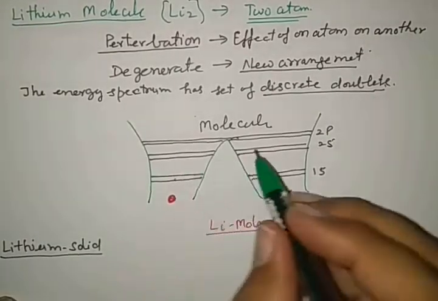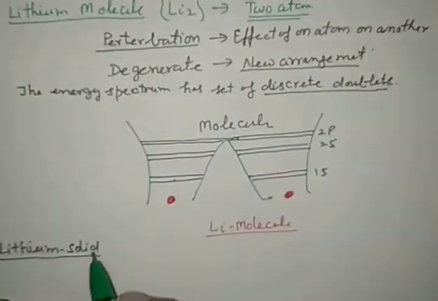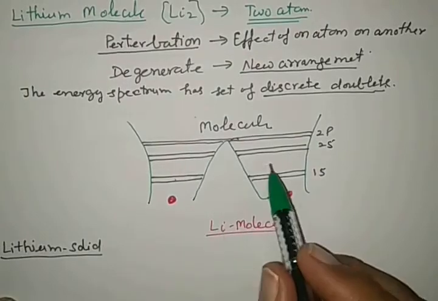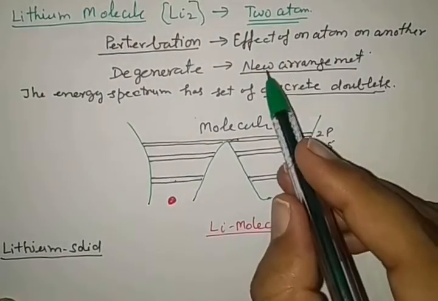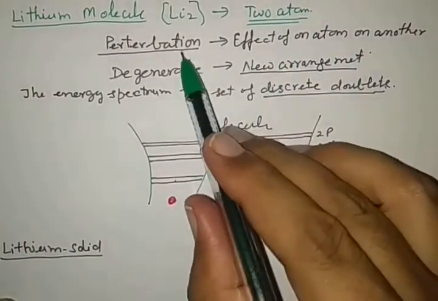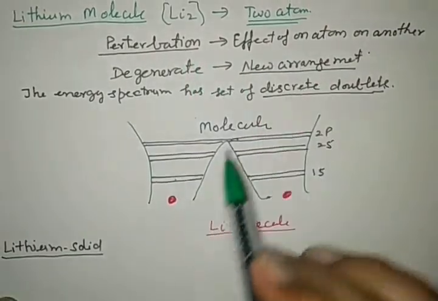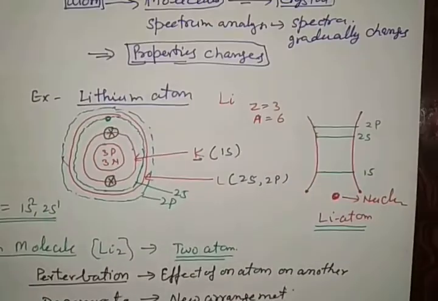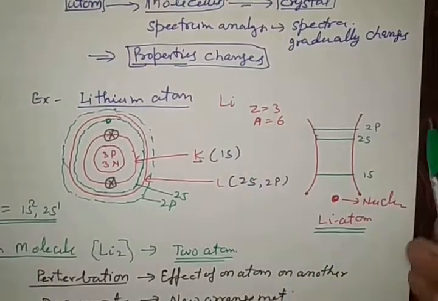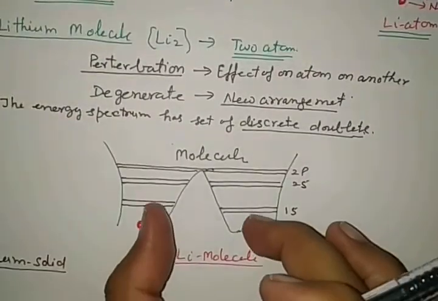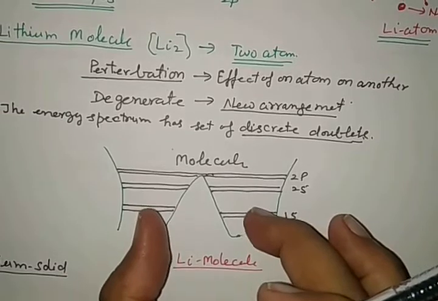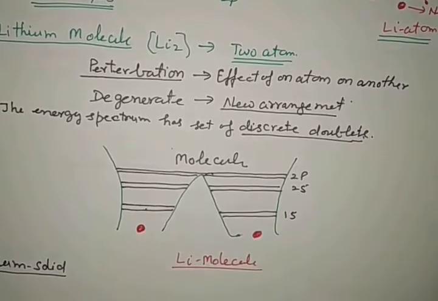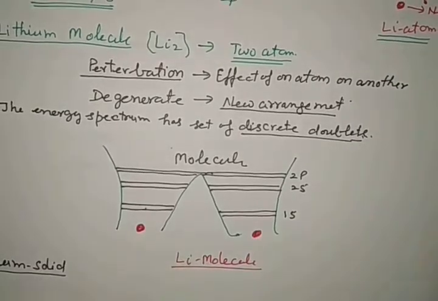This degeneracy plays a role only when they are very close. The perturbation influence plays a role only when they are much closer. If they are far away, both behave like a single atom. But this new arrangement is formed only when they are brought nearby, then their behavior changes.